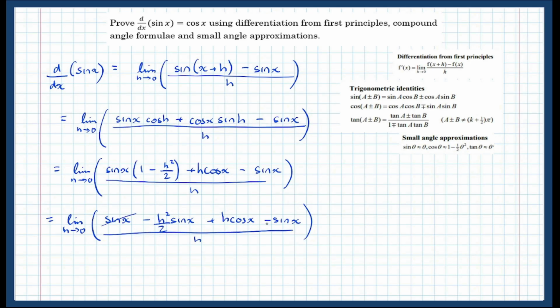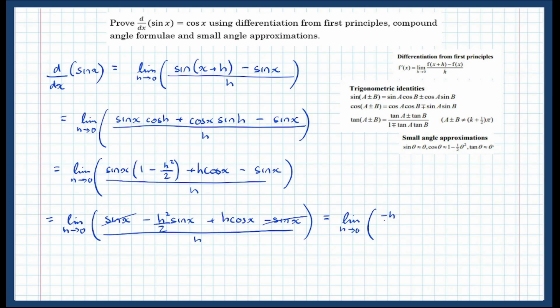We've got sine x take sine x, which is 0. So, equals the limit as h approaches 0 of, and each of those will now divide by the h on the denominator. And when we cancel things, we must take the denominator and divide by h for each of the terms left on the top. Cancellation only occurs when you do it to everything.